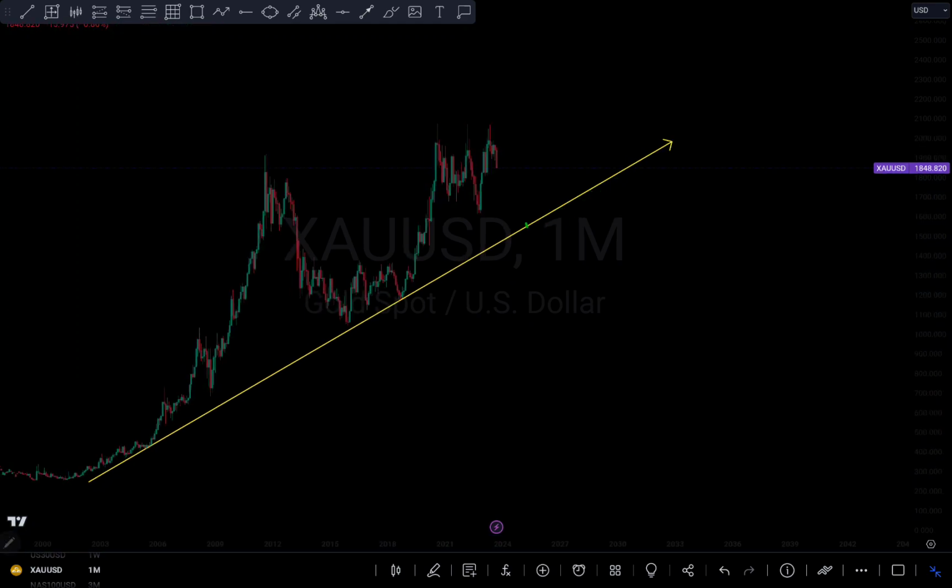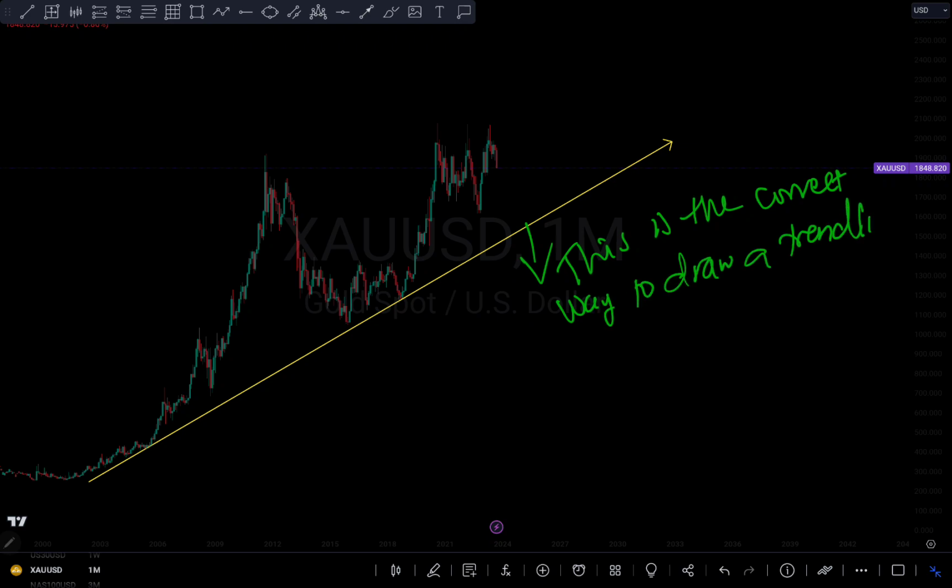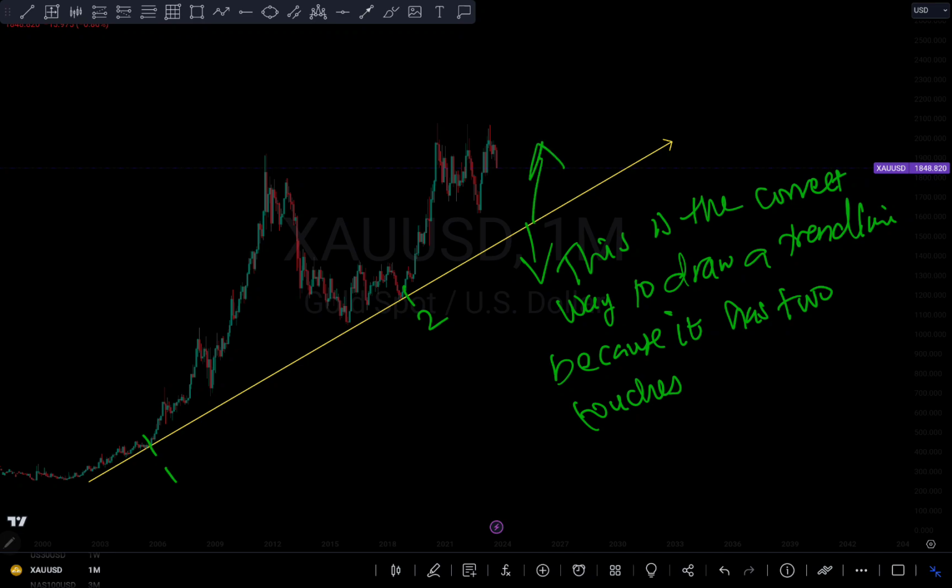So this is the correct way to draw a trend line, because it has two touches: one touch here and a second touch here. This trend line is valid.